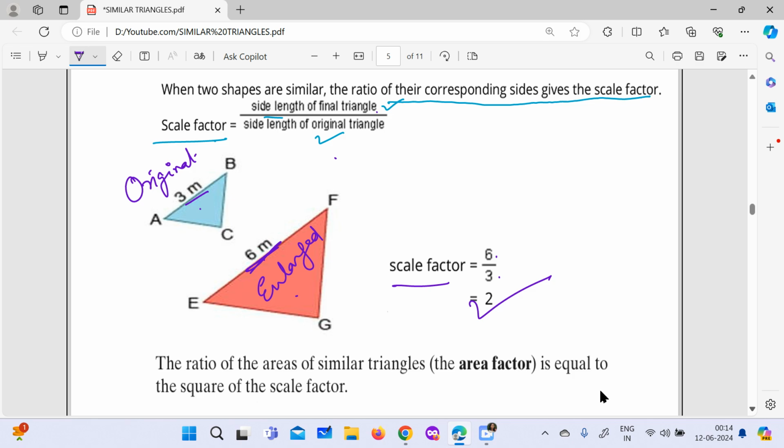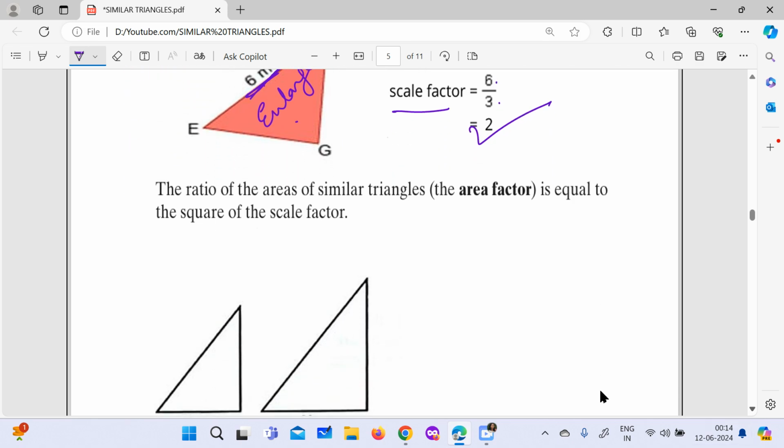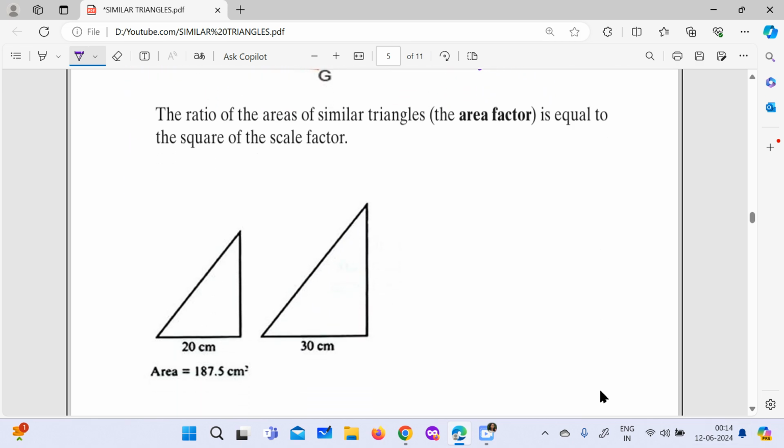Okay, now let's see another one. This is a very, very important question and a very important topic. The ratio of the areas of similar triangles, or you can call it the area factor, is equal to the square of the scale factor.